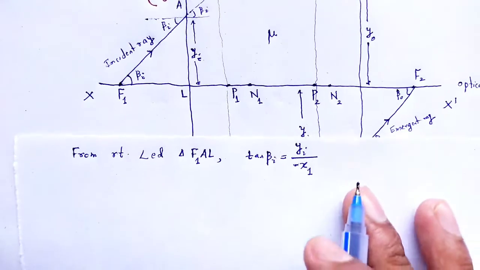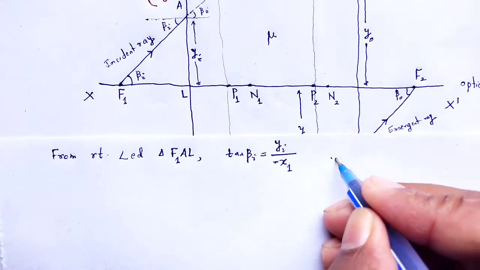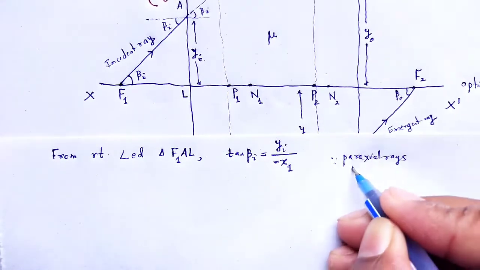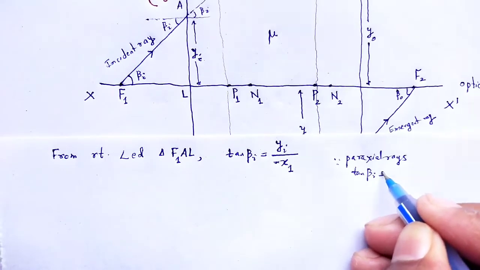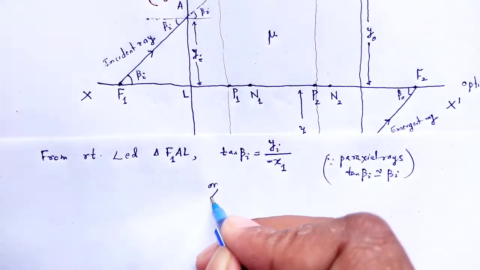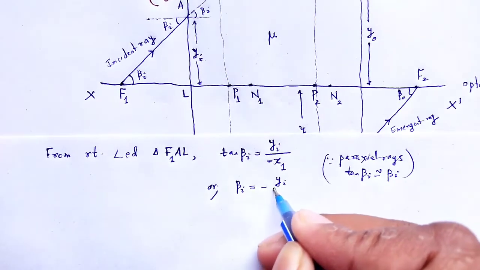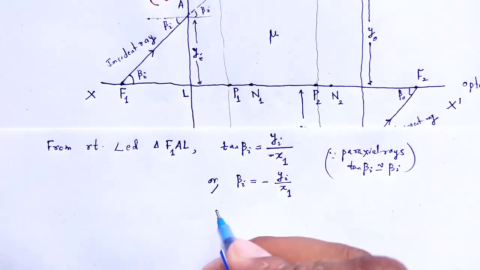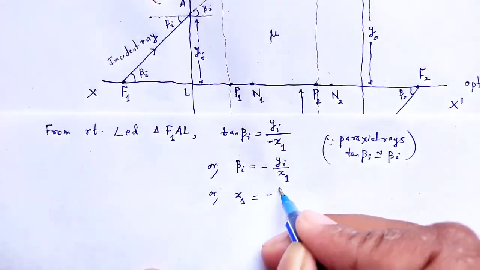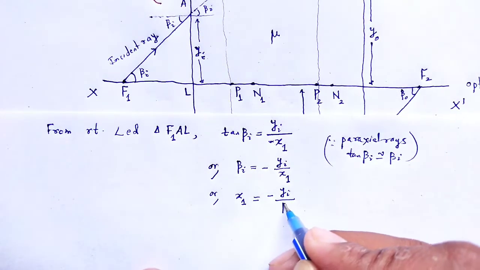Since we take paraxial rays, the angle is very, very small. As we take paraxial rays, tan of beta i is nearly equal to beta i. Therefore instead of tan beta i I can write beta i is equal to minus yi by x1, or x1 is equal to minus yi by beta i.